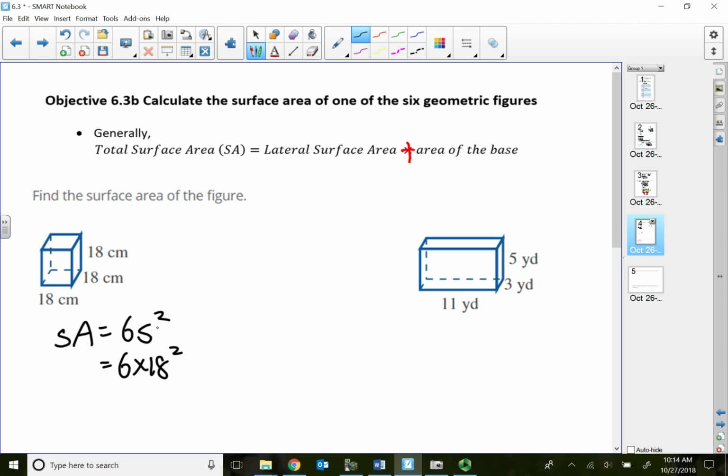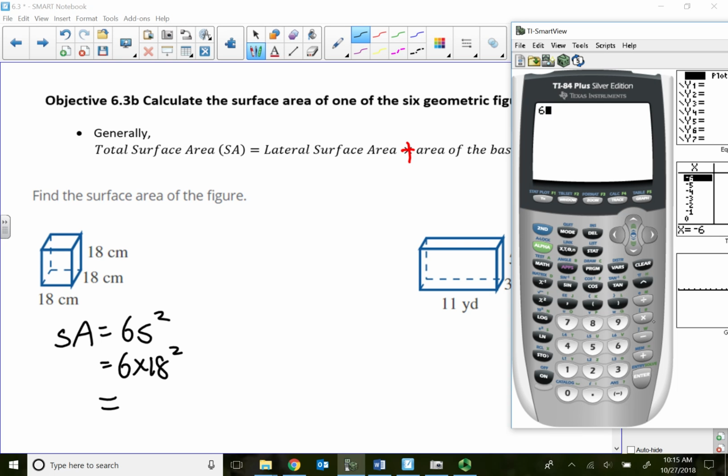What this formula means is that the area of one side of the cube is 18 times 18, and I actually have 6 of these: one in the front, one on the back, one to the right, one to the left, one on top, one on the bottom. There are 6 same faces with the same surface area. That's what this formula is trying to say.